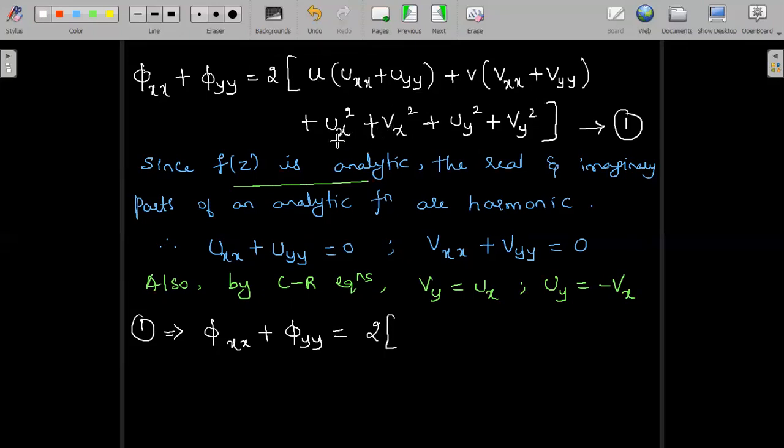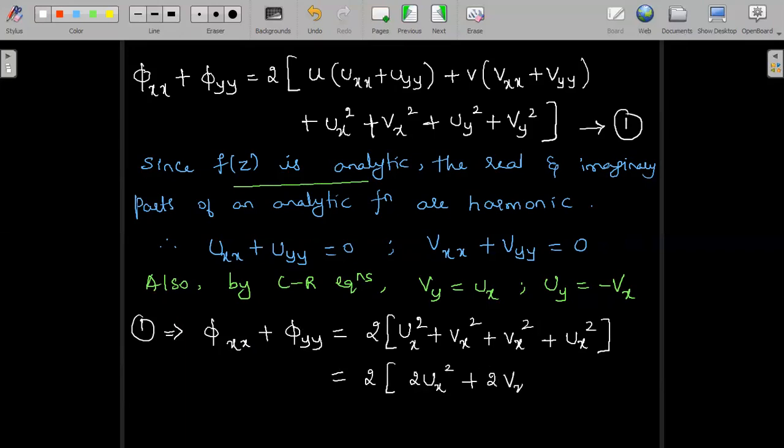I retain the x terms as it is and use CR equations for the y terms. Okay. So ux square plus vx square. Then we have uy. Uy is equal to minus vx. So it is plus vx square again. Plus vy is nothing but ux. Squaring, the minus sign becomes plus only. So we have phi xx plus phi yy is equal to 2 times of 2ux square plus 2vx square.